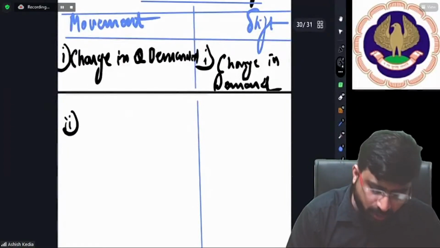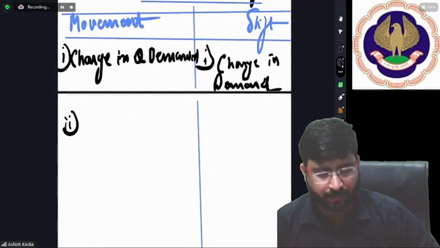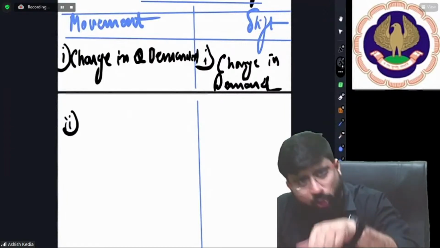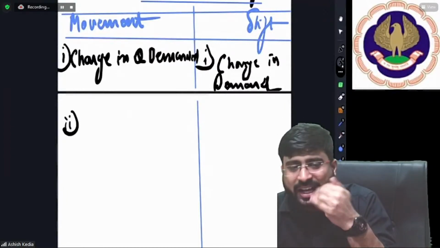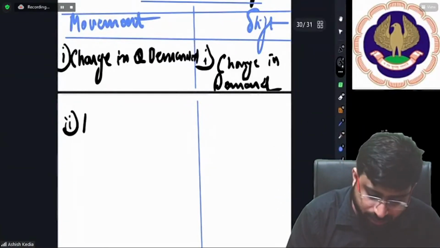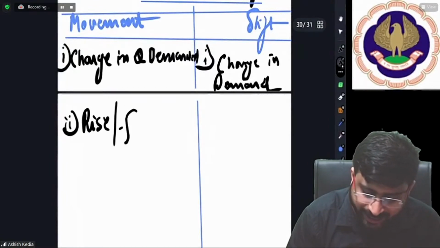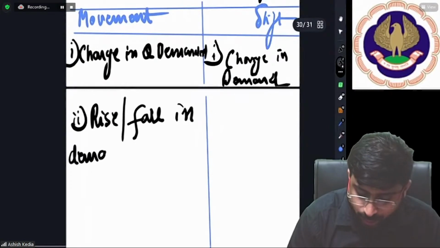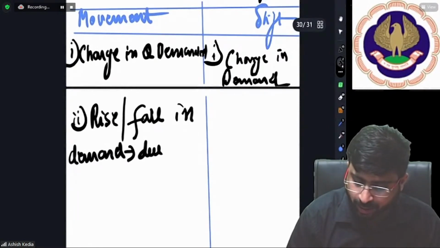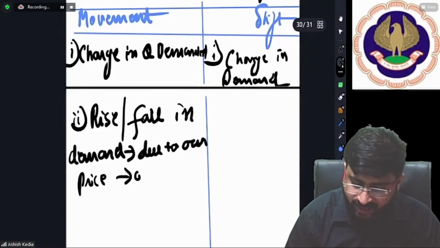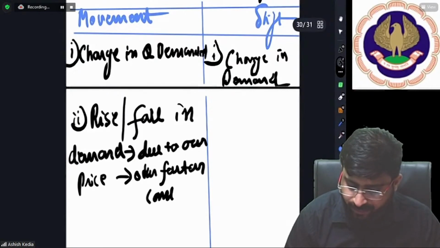Now, why does movement occur? Movement occurs because the commodity's own price has changed. So when there is a rise or fall in demand due to the own price of the commodity, other factors constant, that is movement.